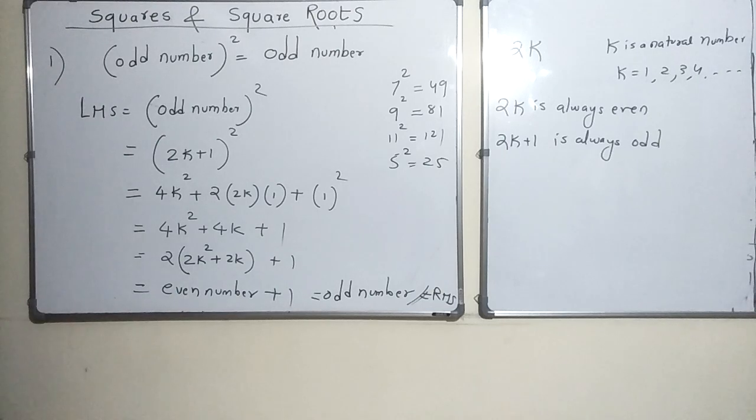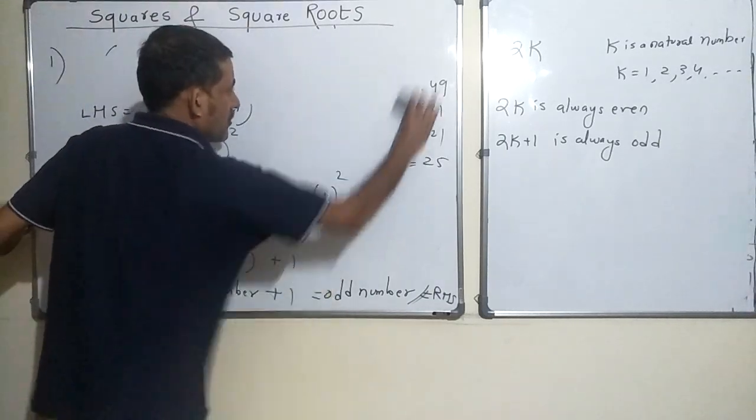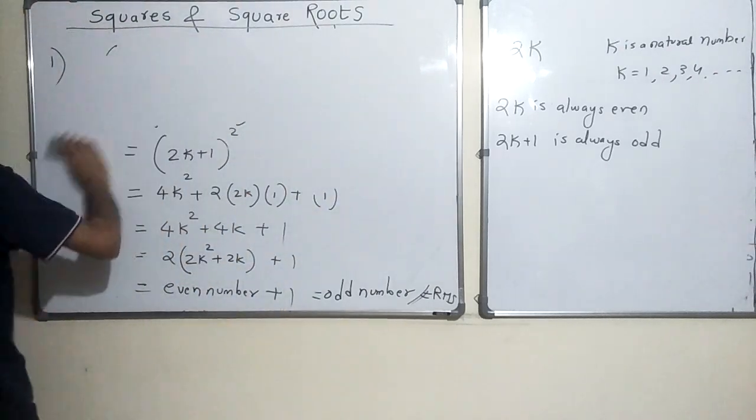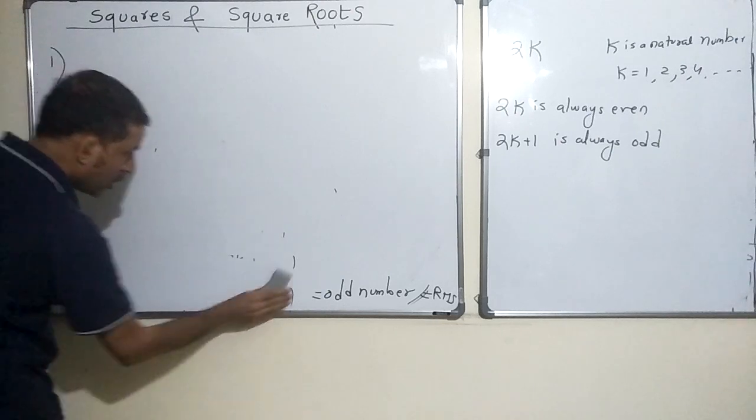Let's take the third one. The square of a positive number or the square of a negative number is always positive.